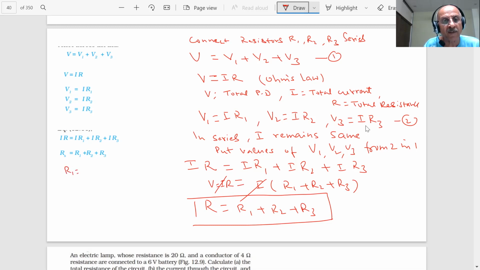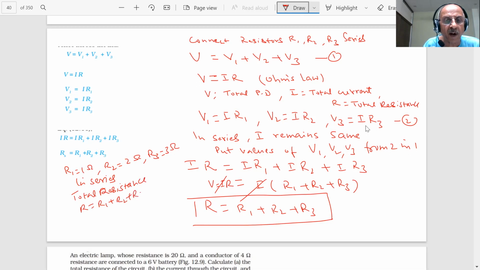Suppose R1 was 1 ohm, R2 is 2 ohms, R3 is 3 ohms. If I connect them in series, then what will be the total resistance, students? The total resistance will be given by this formula: R is equal to R1 plus R2 plus R3, 1 plus 2 plus 3, that is 6 ohms.